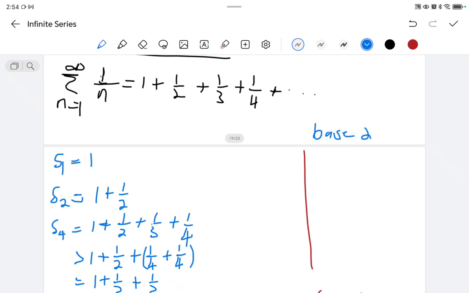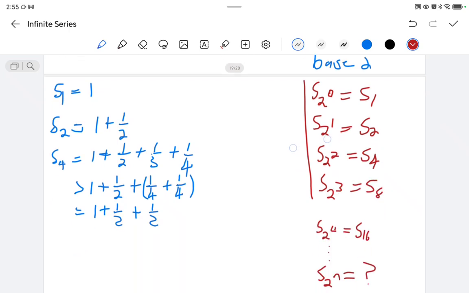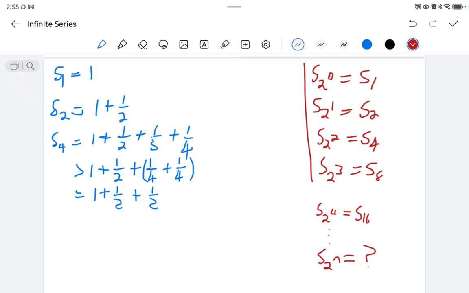We're going to have S2 to the 0, this will be S1, then S2 to the 1, this will be S2, S2 to the 2 will be S4, then S2 to the 3 will be S8, then S2 to the 4 will be S16, up until S2 to the n.